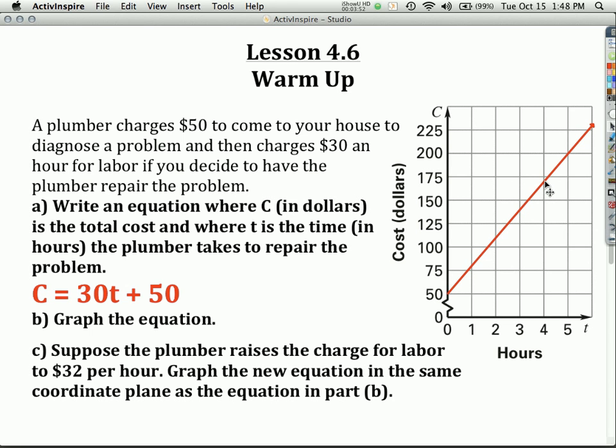Rise and run. Part C. Suppose the plumber raises the charge to $32 per hour. Graph a new equation in the same coordinate plane on the same graph. So I was expecting that line to appear on your graph.